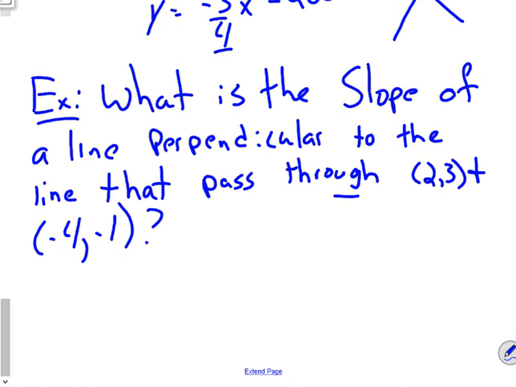You guys try to solve the line here. Get the slope. What are we doing? Find the slope of this line here that passes through 2, 3, and negative 4, negative 1. But how? Which way? With the slope formula.